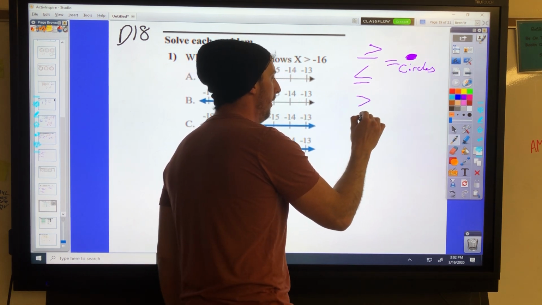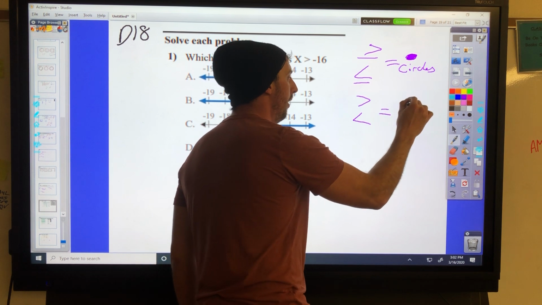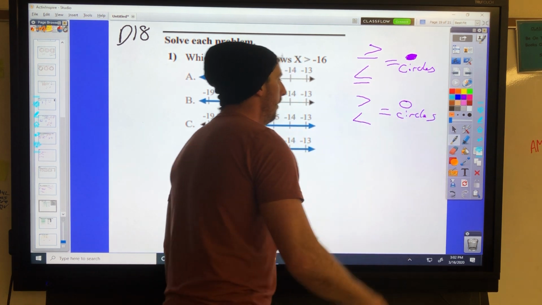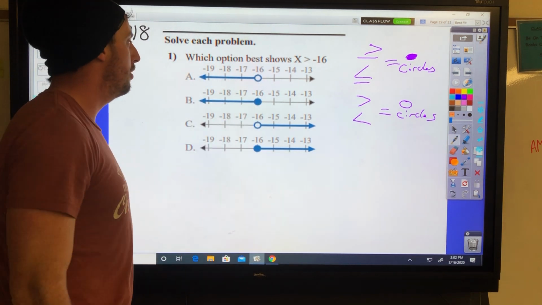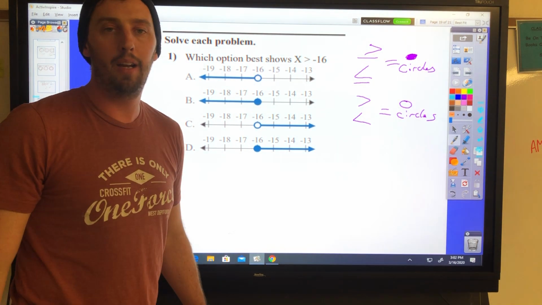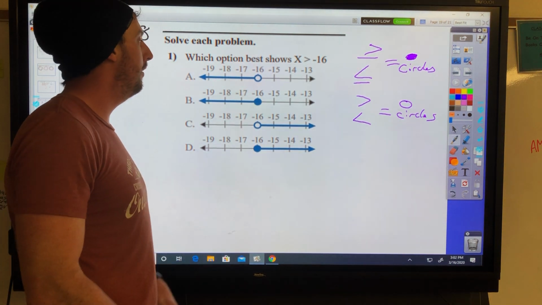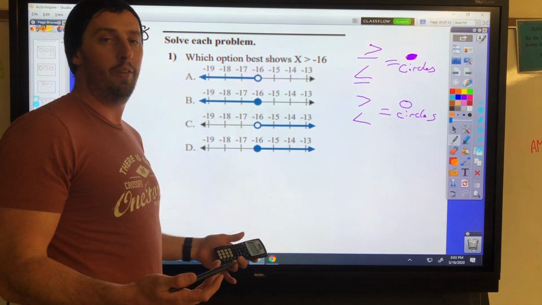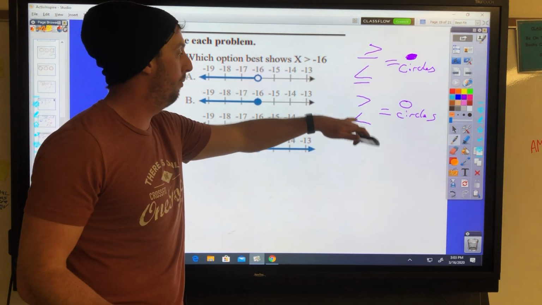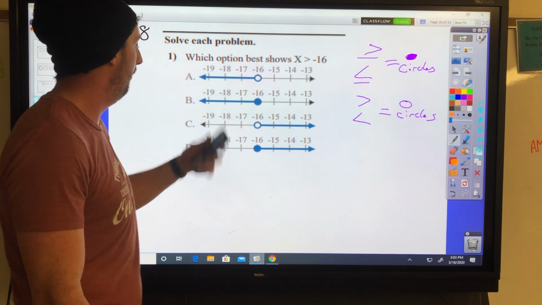And greater than or less than all have open circles. So if my example says which option shows x is greater than negative 16, can't I just cross out all the ones that have closed circles? Because I'm looking for ones that have open circles. So which ones have closed circles?